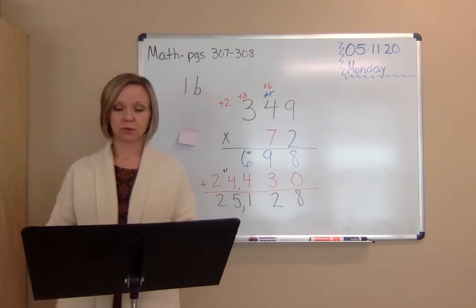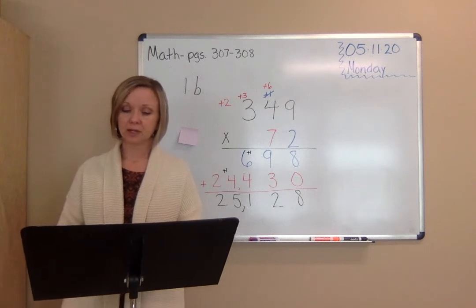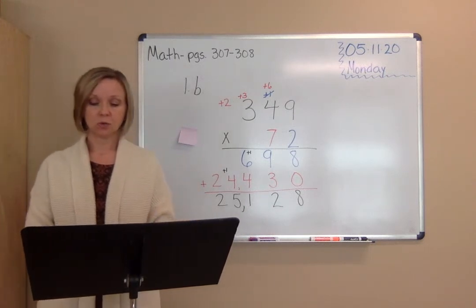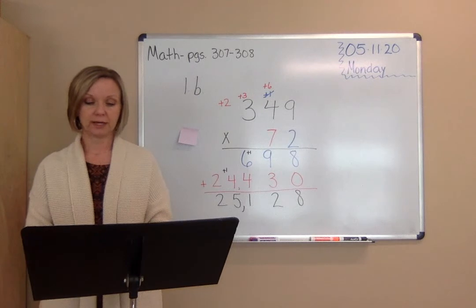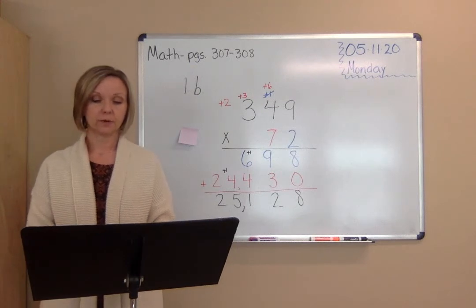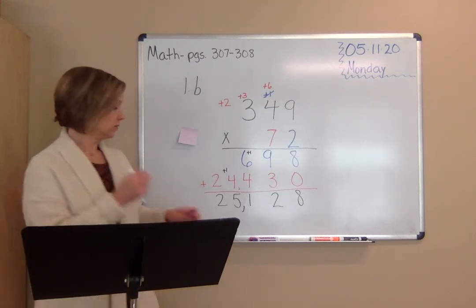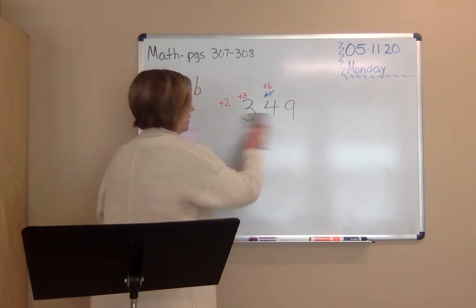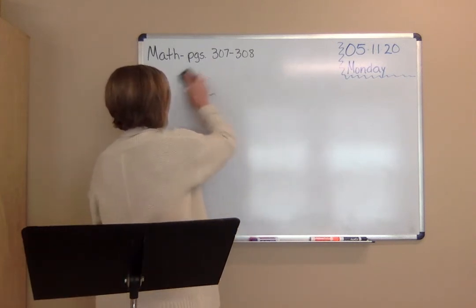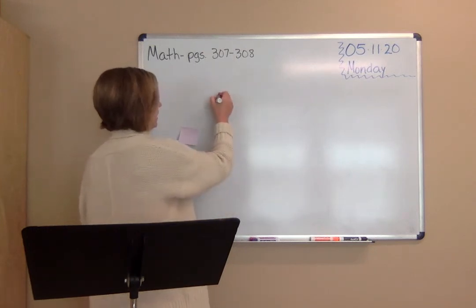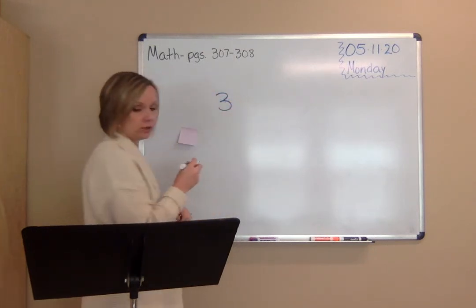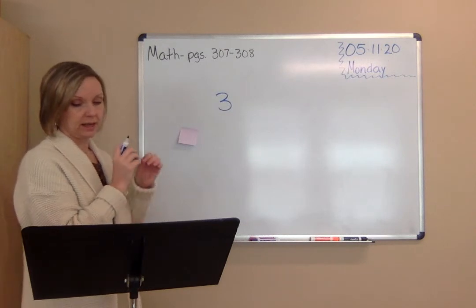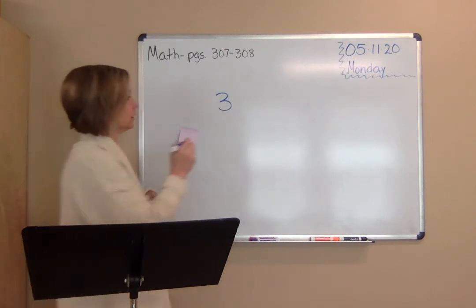So let's look at 3. How many constellations did each person see? Write a multiplication sentence to show your answer. All right, so Dad saw 3, and each star represented how many?